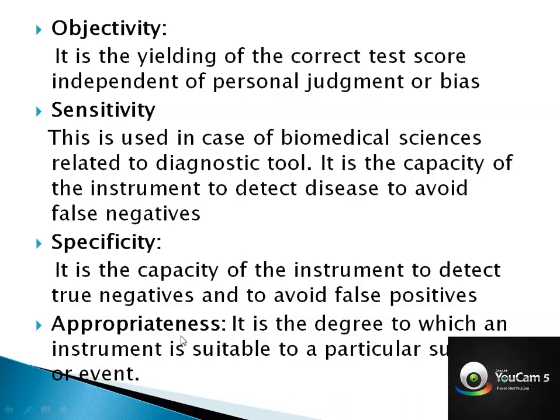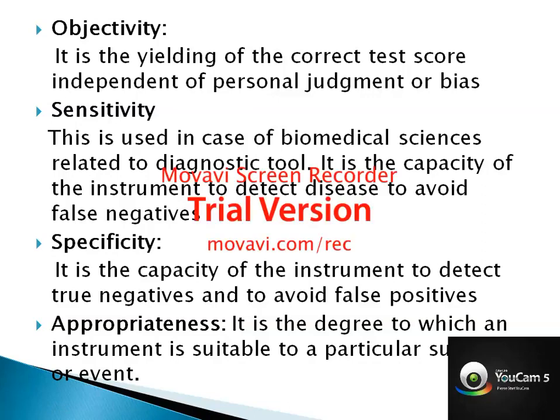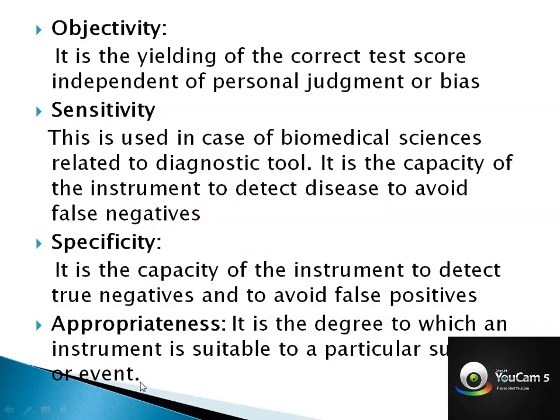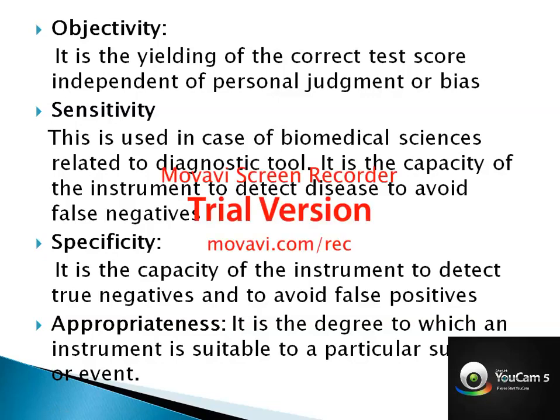The next one is appropriateness. Of course, it should be an appropriate or accurate tool for that topic. It is the degree to which an instrument is suitable to a particular subject or event. For example, you are taking a research topic, and the research topic is practice oriented and your tool is knowledge.